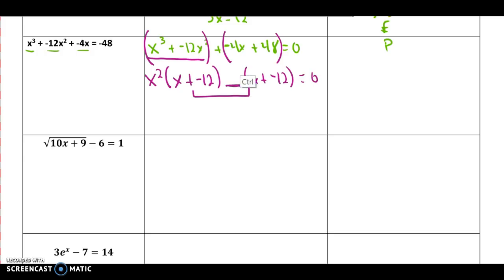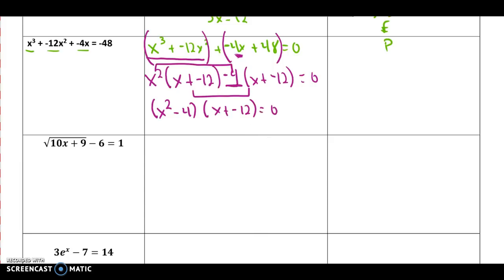What times x gives me this negative 4x up here? That would be the negative 4. Then I can make my 2 sets of factors: the x squared minus 4, which is outside of the parentheses, and the x plus negative 12.